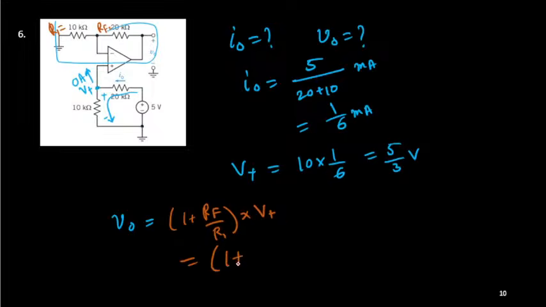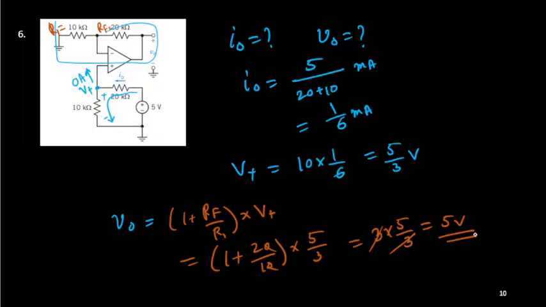So this is 1 plus RF, RF is 20 and R1 is 10, multiplied by V plus, 5 by 3. So the 3 cancels out, exactly, correct, it is 5 volt. Good. So you can see that op-amp problems are not very difficult. Once you understand the strategy, then you can easily solve them. Okay.